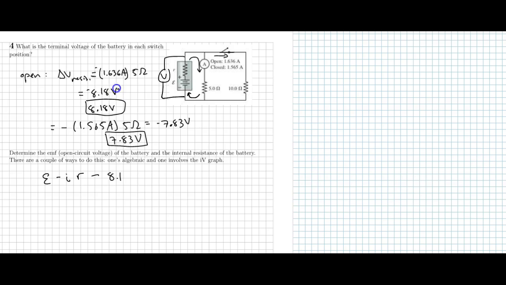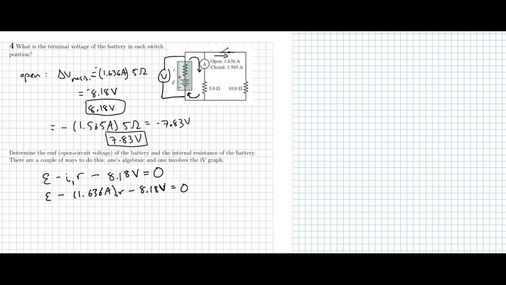Volts. 8.18 volts. And that got me all the way around, so that's 0. So that's I1. And that current is known. It's only one loop, so that's the total current. Minus 1.636 amps times R minus 8.18 volts equals 0. So that's an equation. There are two unknowns, EMF and R.